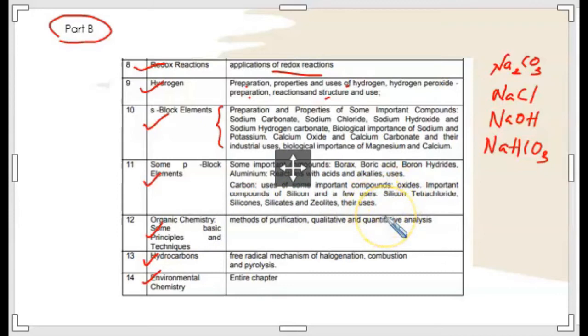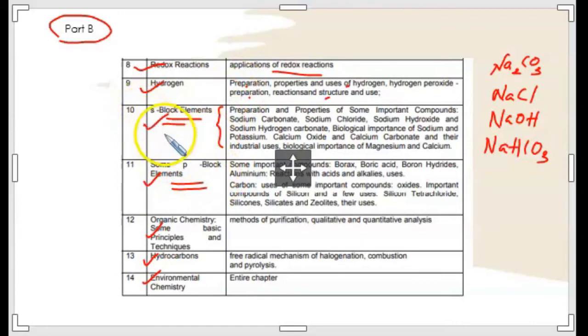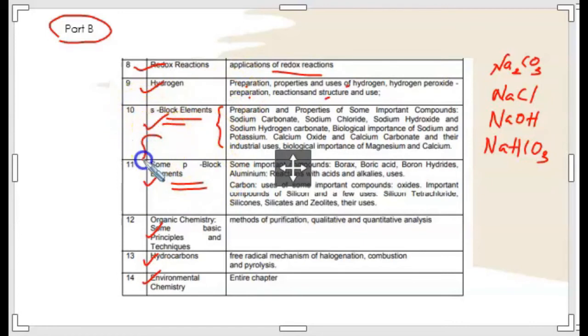From the p-block elements also a major portion got reduced. I think most people find these two chapters, s-block and p-block, very hard because you have to learn it all by heart. So about 50% of the chapter is reduced.